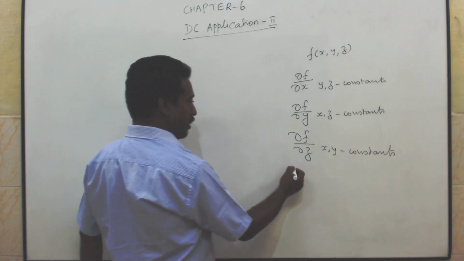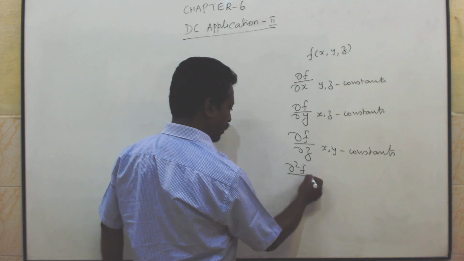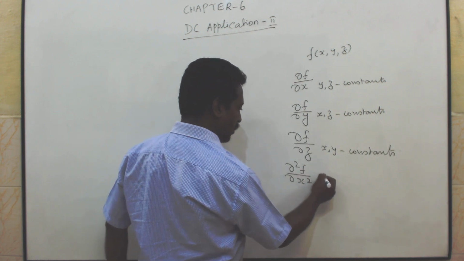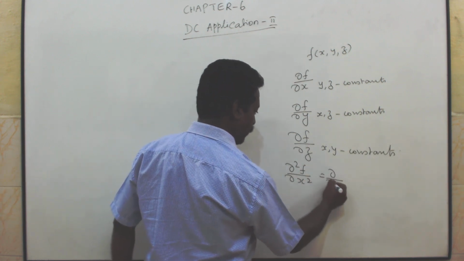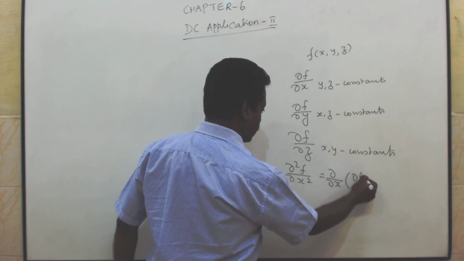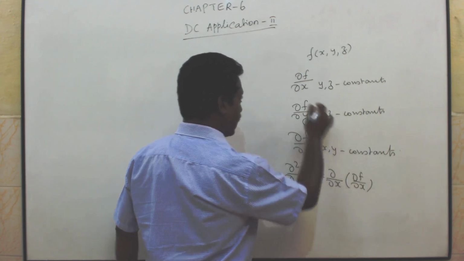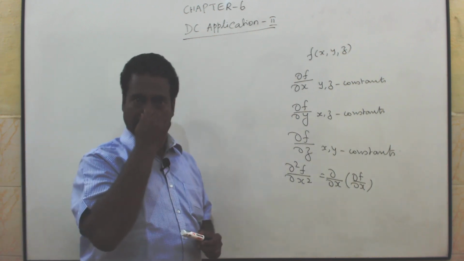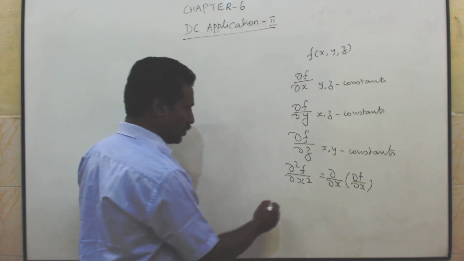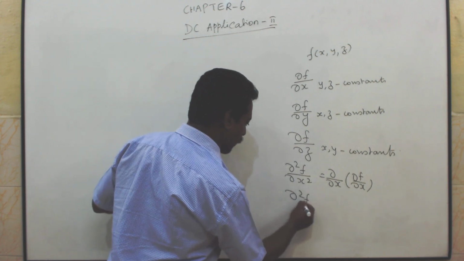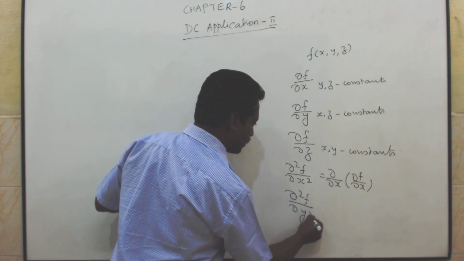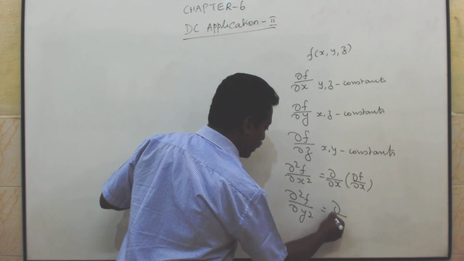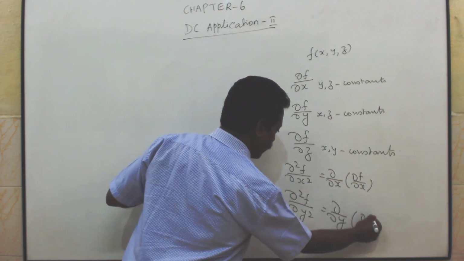So dou square f means dou by dou x of dou f by dou x. This answer once again differentiate with respect to x. Same way dou square f by dou y square means dou by dou y of dou f by dou y.